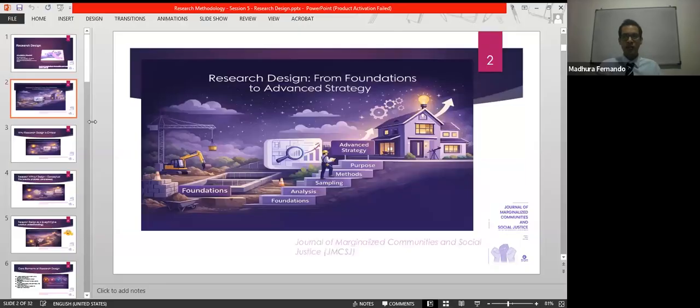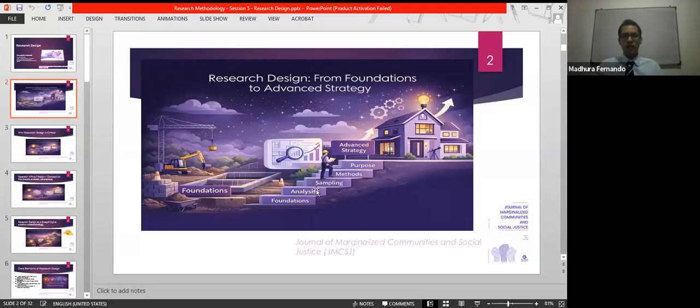Have a glance at the second slide. Now you can see this picture here. On your left side there is a construction site, and you can see the bricks and the construction equipment there. And then after that, you can see the foundation. And on your right side, you can see a fully completed house.